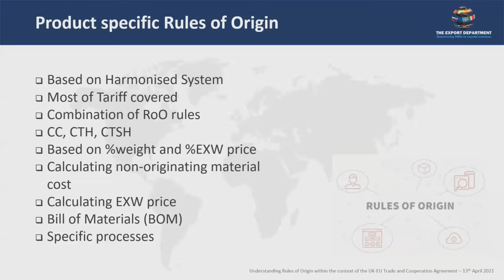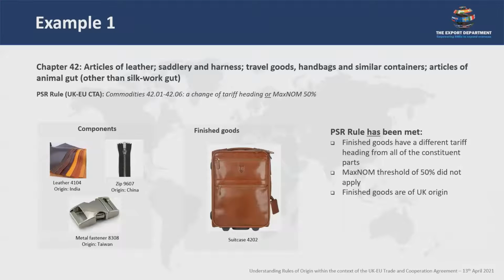So just moving on to some basic examples here. So I pulled out this one I prepared earlier. This example is of a leather suitcase. Okay, so you find the product specific rule in the trading cooperation agreement. So the finished goods is obviously articles of leather, saddlery, harness, and so on, and within that can be a leather suitcase.